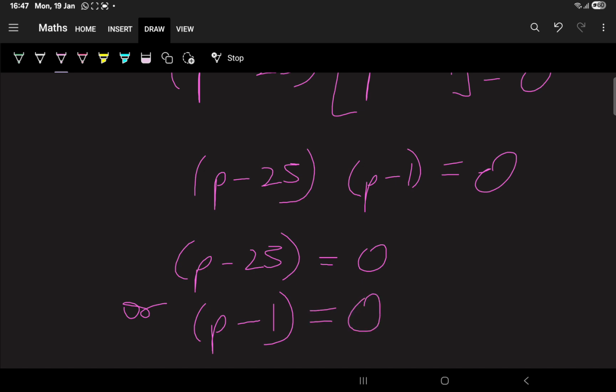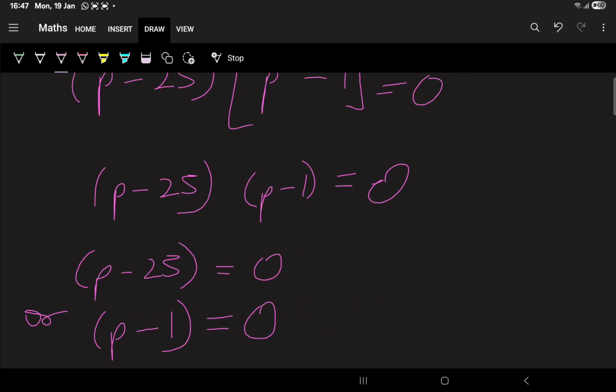Now you're asking, why may this be? If I have two numbers multiplied together, they can equal 0 only if one of them is 0. For example, 5 times 0 is 0. Any number multiplied by 0 is 0.